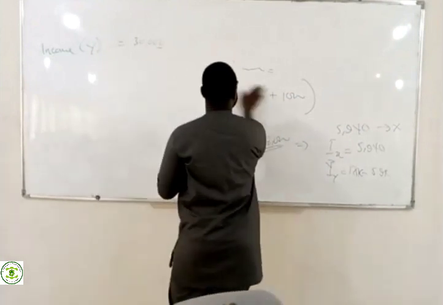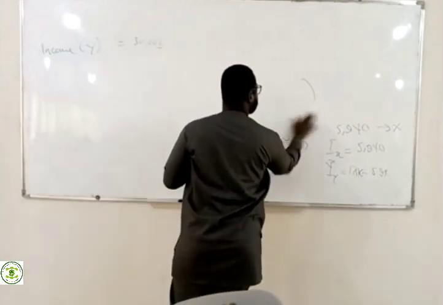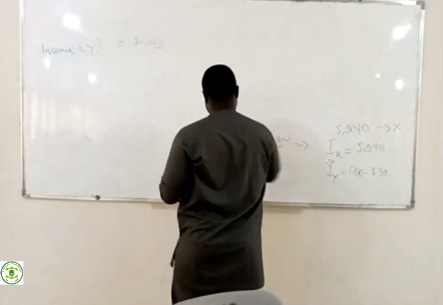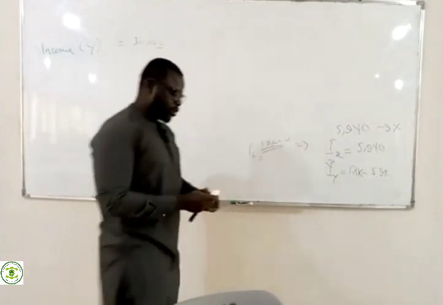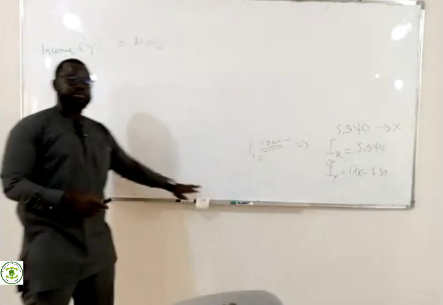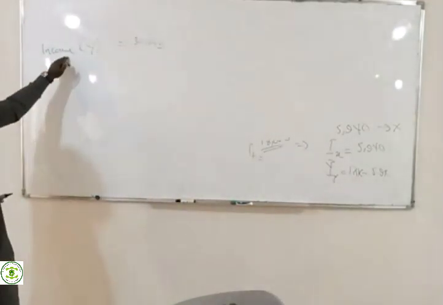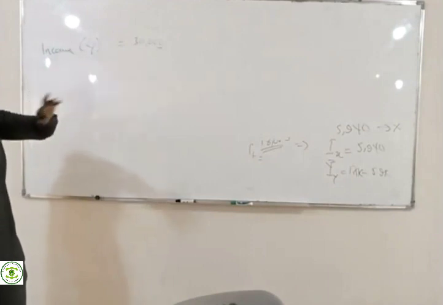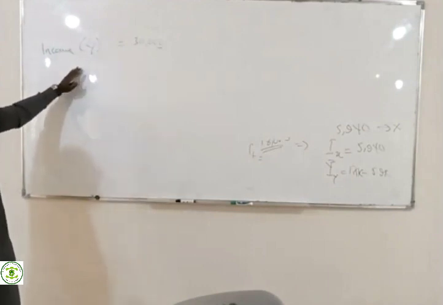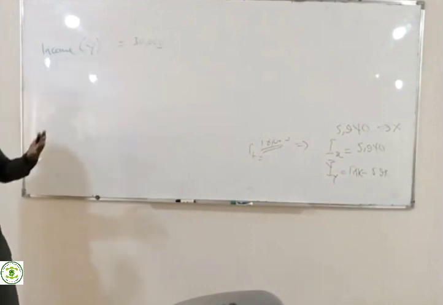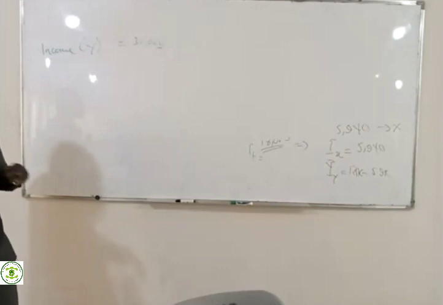So total investment income in this particular situation will be equal to his total income. Is that not it? Remember I said we are assuming he's investing all in X and Y. So in this case, he doesn't have any debt to pay, he doesn't have any food expenditure to incur, and he doesn't have anyone to pay for his expert advice.